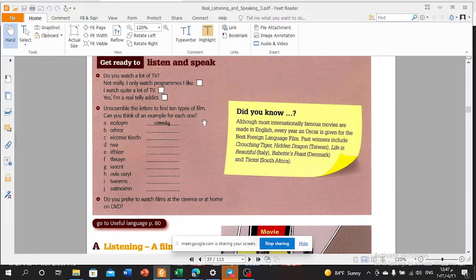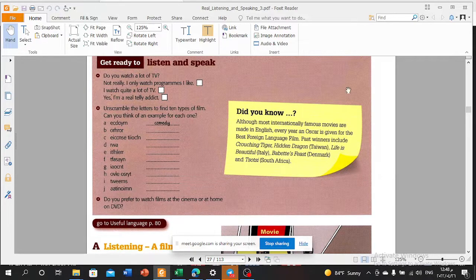So the question in the exam, if there would be a question related to this subject, it wouldn't be like this, to rearrange a word. It would be to mention the types or categories of movies you know. Okay, so you should at least know 5 types of films and movies.